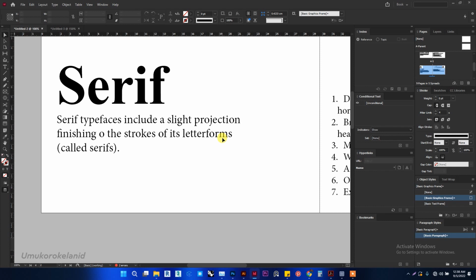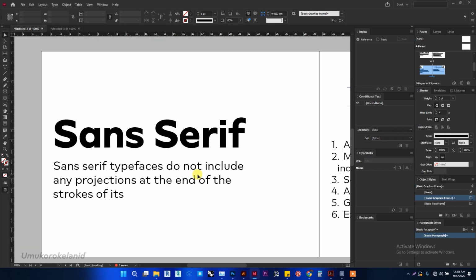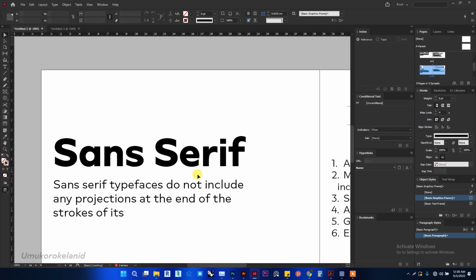And for sans serif fonts, sans serif typefaces are typefaces that are modern. Like I said, they are the opposite of what we have in serif. They are modern, and most times they are used for headings and subheadings, and you can also use them for body copy.